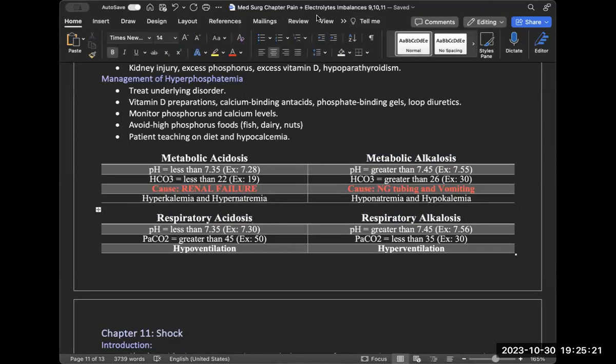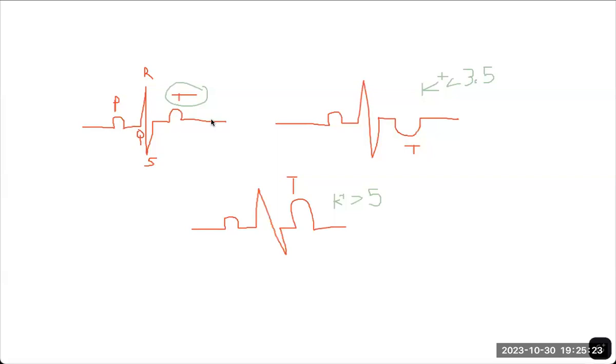I'm going to share on the whiteboard a question to practice those pH values, because I know that on your exam, you're going to have a question on interpreting those electrolyte levels.